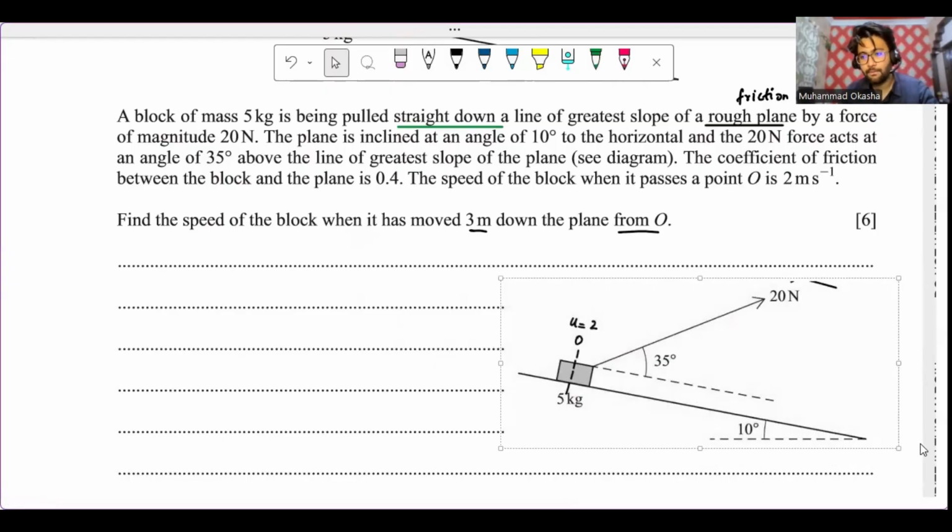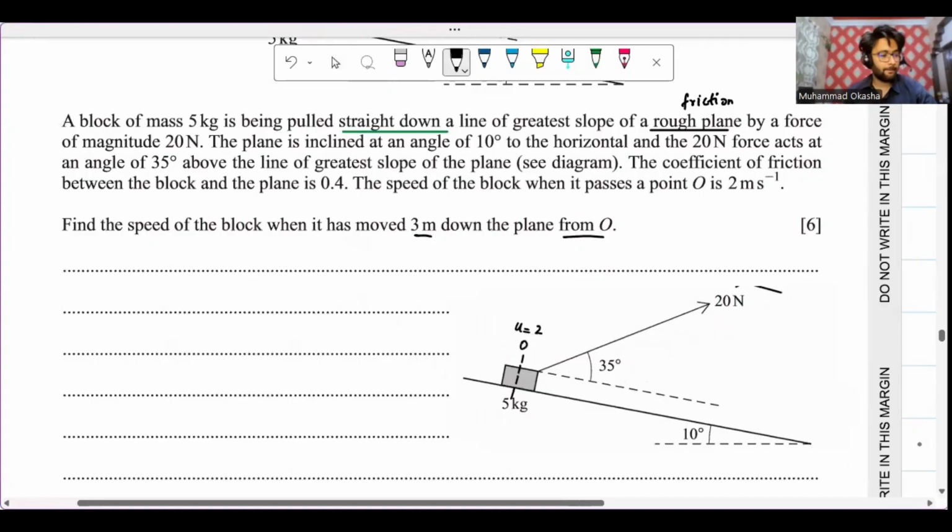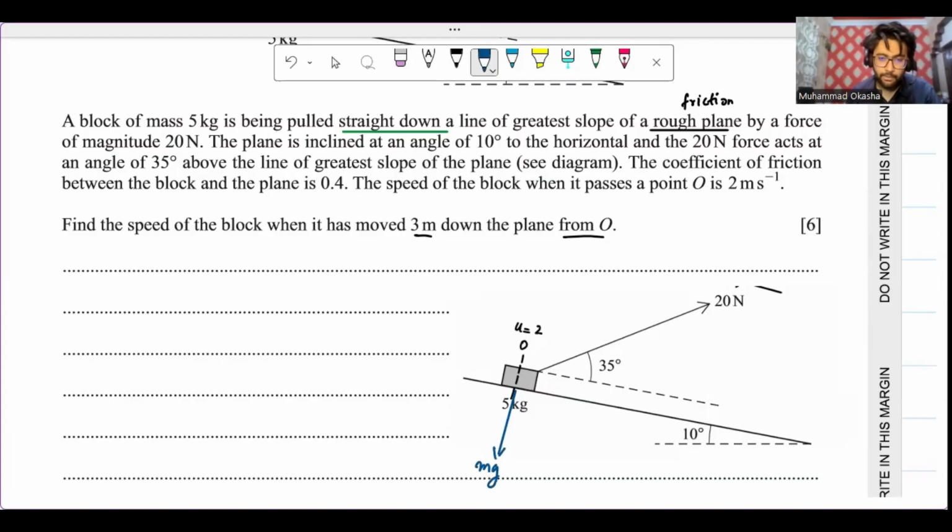Now let's resolve the forces into components. So if I were to resolve this force into components, down the slope I'm going to have mg sine 10 degrees, because 10 degrees is the inclination of the plane, right?